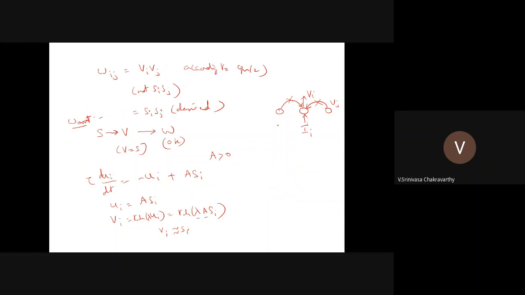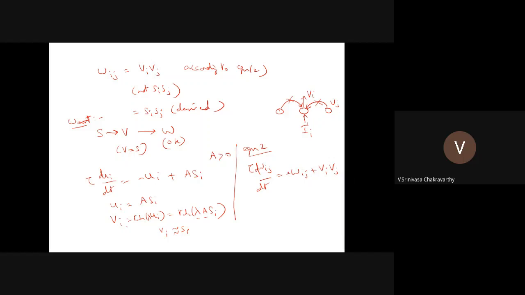So by assuming that, you can have a situation where Si controls Vi, and then if you allow your equation to kick in, then tau dWij by dt is equal to minus Wij plus Vi Vj.